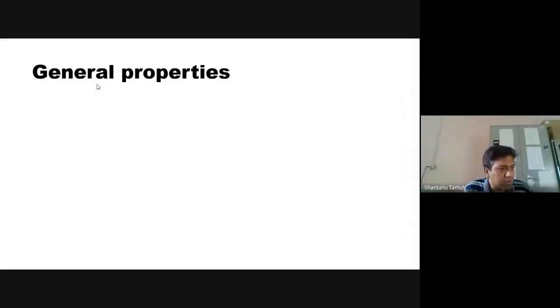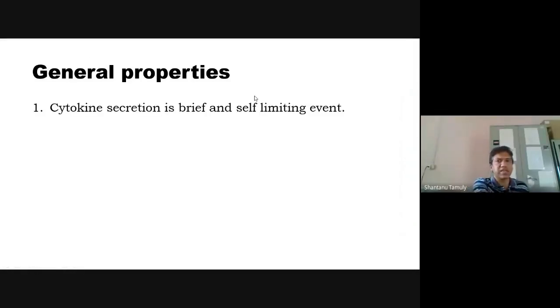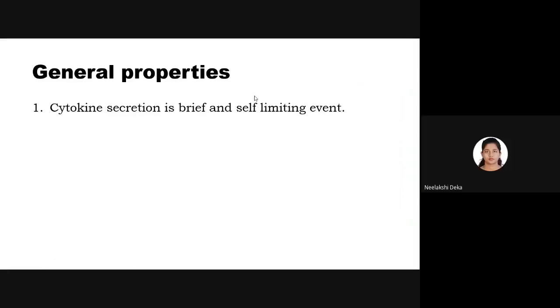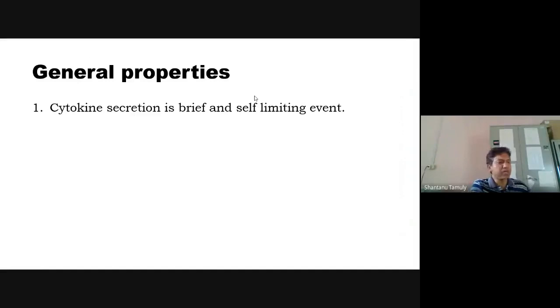Now let us discuss the general properties of the cytokines. Cytokine secretion is a self-limiting event. That means the cytokine is produced only for a brief period. What I mean to say is that these cytokines do not remain in the cell in a preformed form.